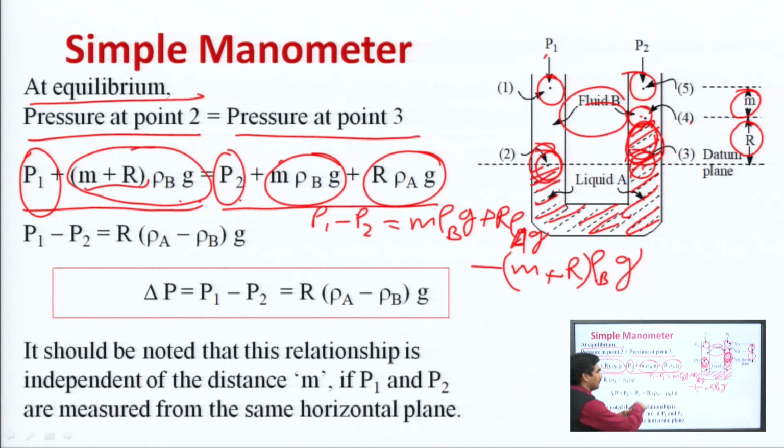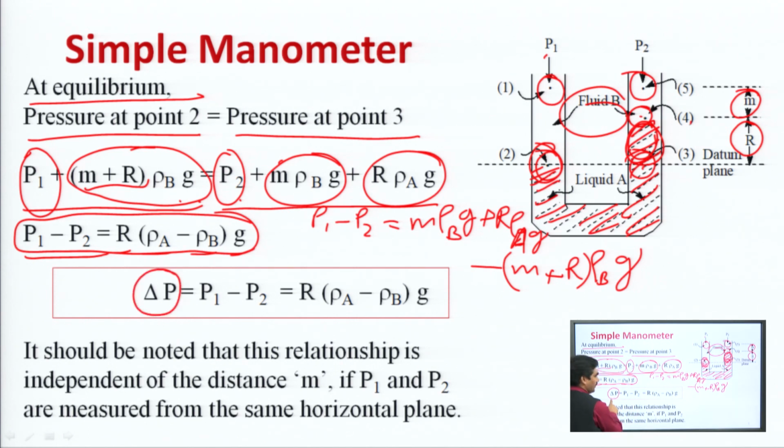Solving this equation, we get P1 minus P2 equals r (rho A minus rho B) g. We can write P1 minus P2 as delta P, the change in pressure, equal to r (rho A minus rho B) times g.